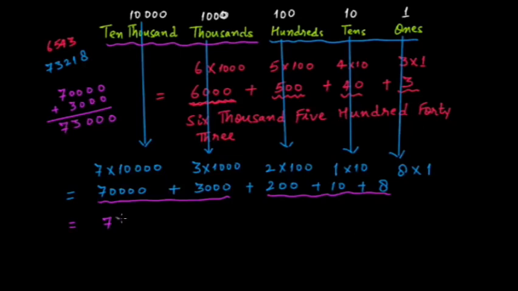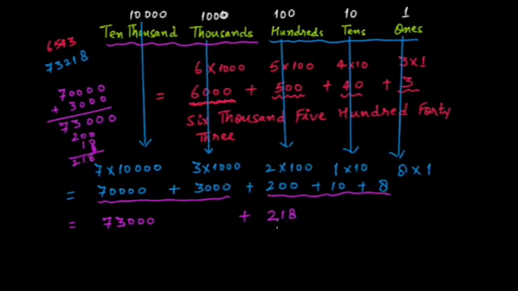Then this is 200 plus 10 plus 8, or if I have to write it in this way, if you add 200, then 10, then 8, this will come 218.